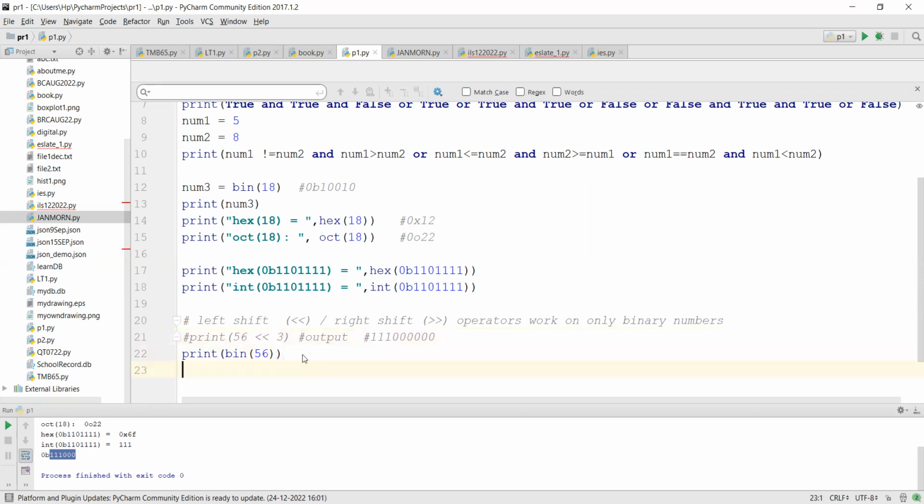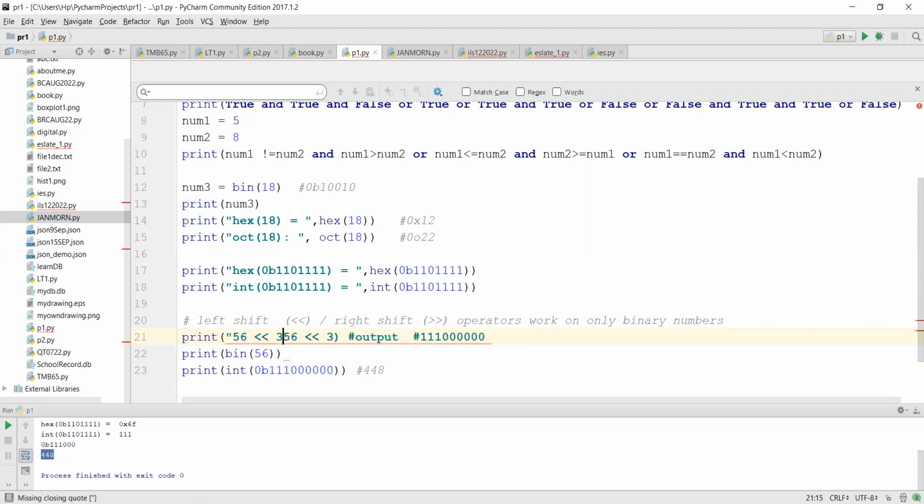I will say print int of 0b and this one. What is the equivalent of this? 448. So this is the equivalent of 448, right? So if you do 56 left shift 3, you should get 448. Let's see if we got it right or not. So see, 448. Did you get it?